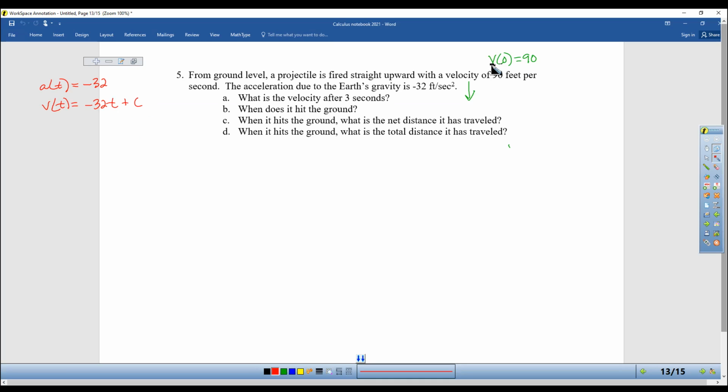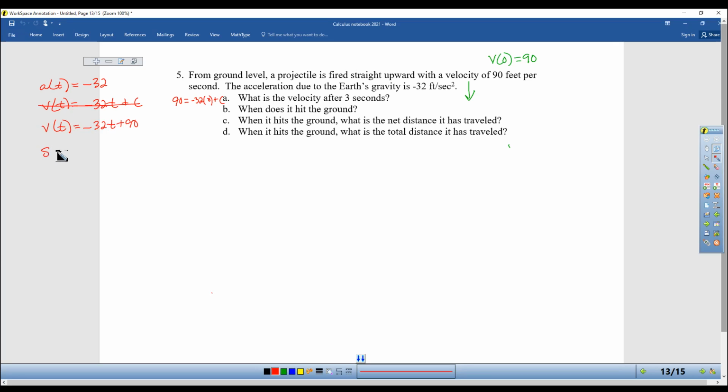But since I know that the velocity at 0 is 90, if I put a 0 in there, 90 is equal to negative 32 times 0 plus c. C is 90. So I'm going to replace that with velocity at time t is negative 32t plus 90. A little bit better equation.